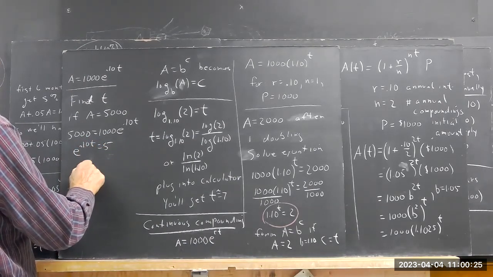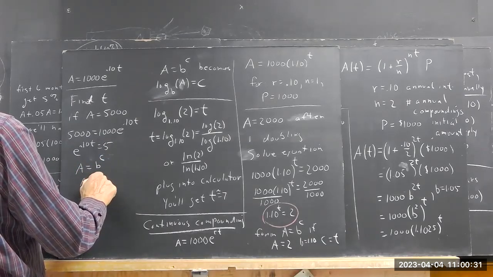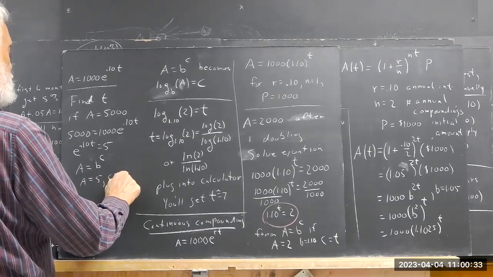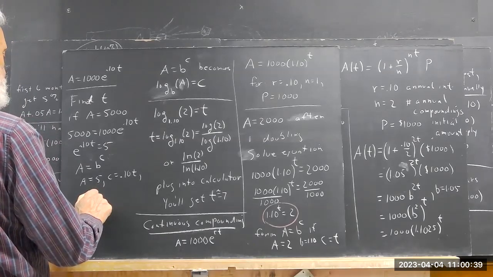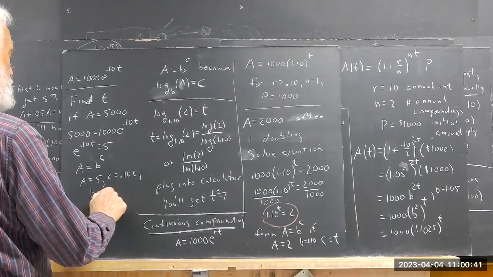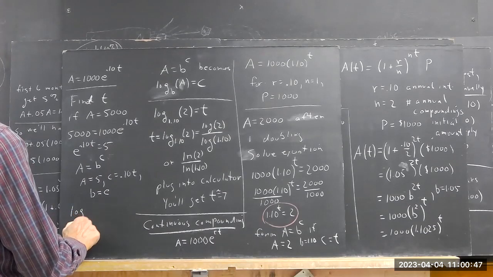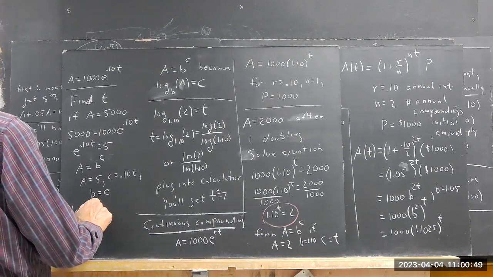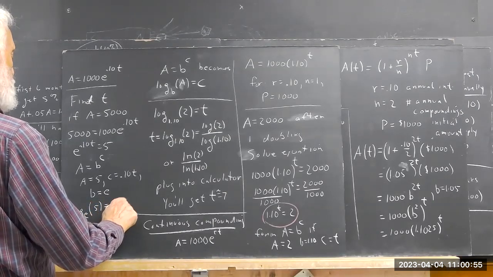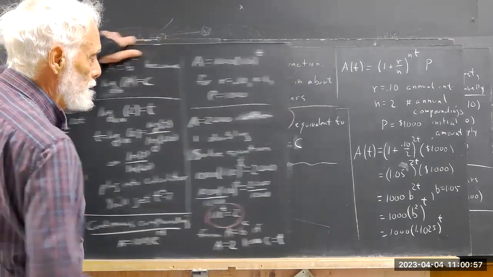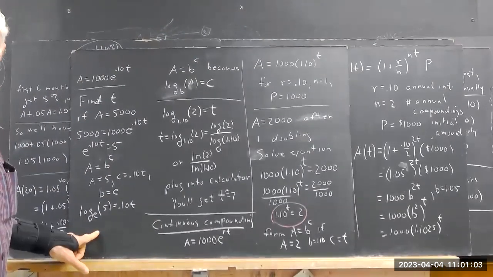This is the form A equals B to the C. So A equals 5, C equals 0.10t, and B equals e. So you get log base e of 5 equals 0.10t. When you identify your A, B, and C, this is what you're going to get. So it's just like what we just did.